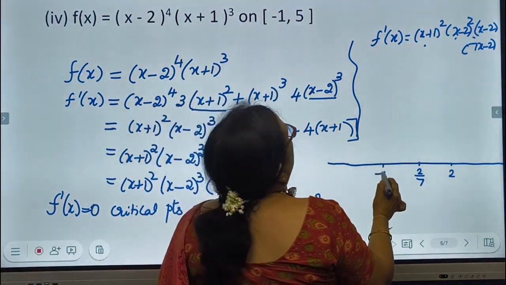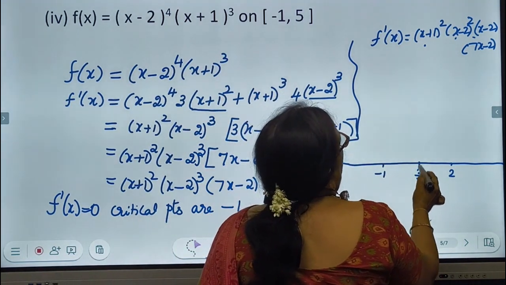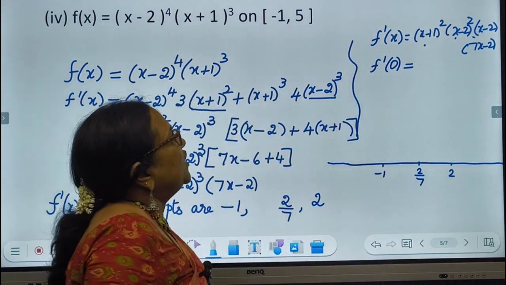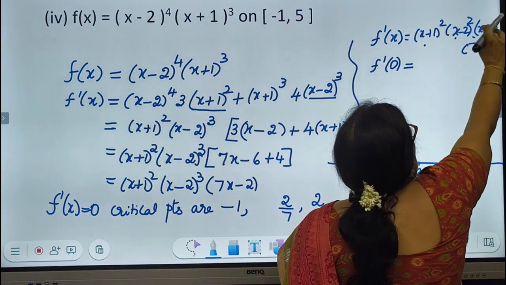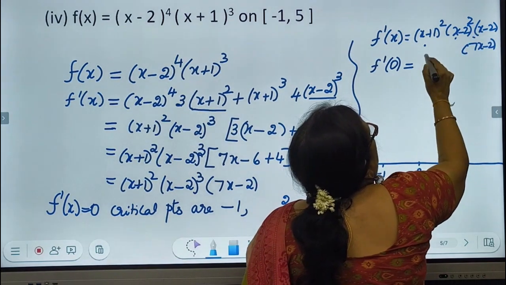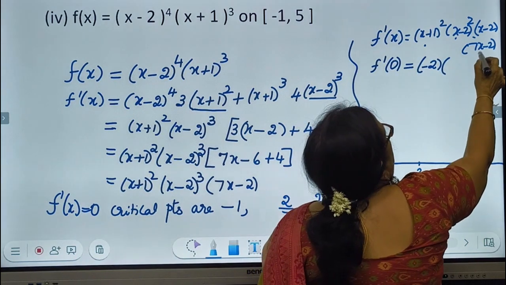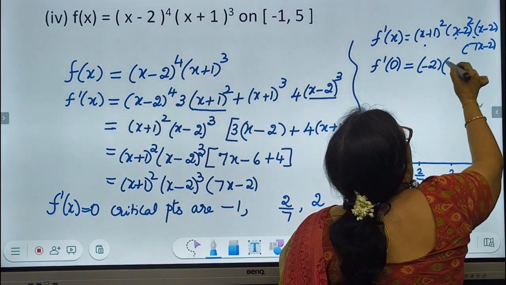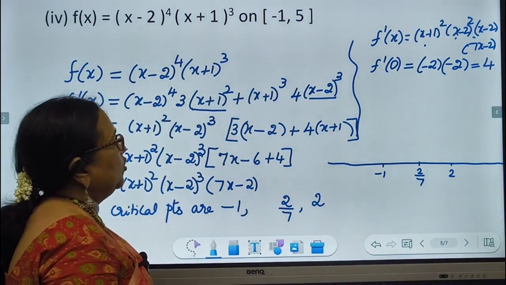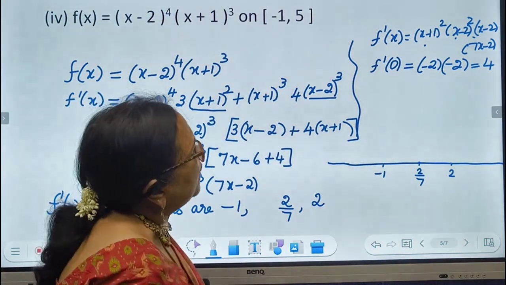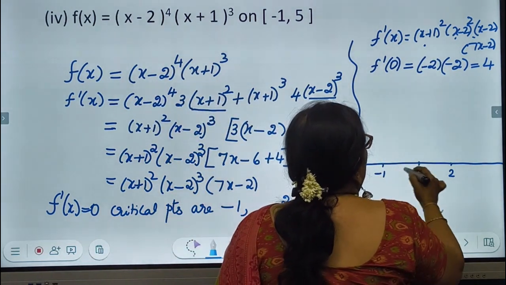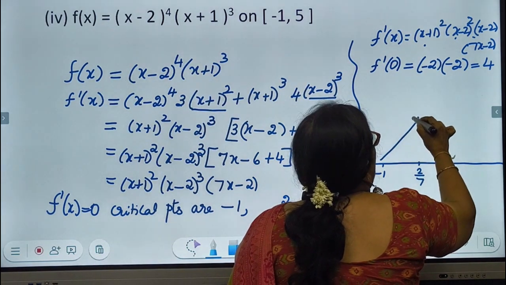So let me first check -1 to 2/7. Let me take f'(0). I don't have to worry about these two. I have to worry only about the last two factors. So when x is 0, this is -2, and this is 0 minus 2. I am substituting x equal to 0. So f'(0) will be -2 into -2, which is 4. So between -1 to 2/7, the function is increasing.